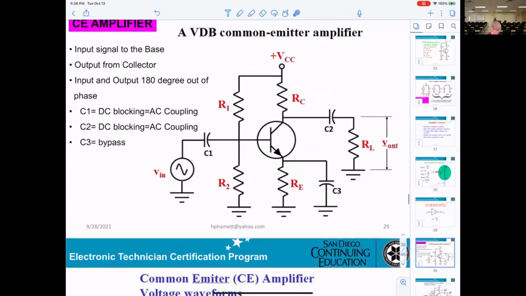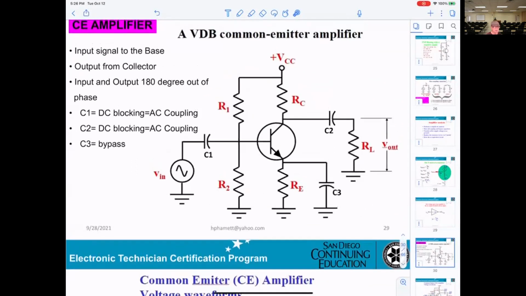The first thing we'll be learning is what we call a CE amplifier. CE means common emitter amplifier. So when you see common emitter, that's only telling you that in the AC circuitry, the emitter will be grounded.